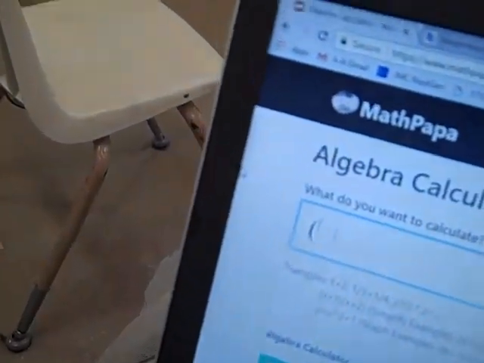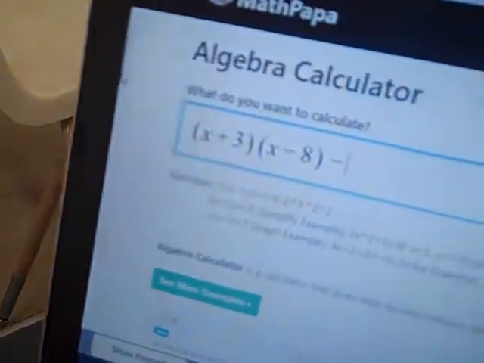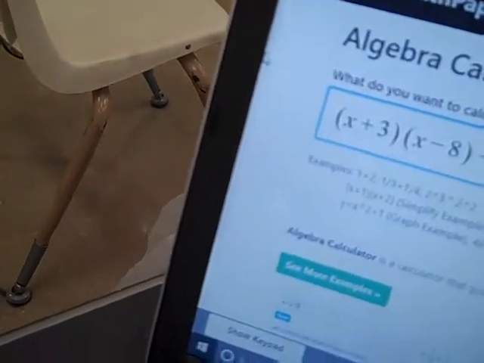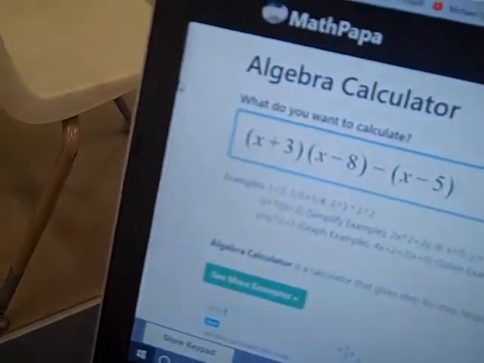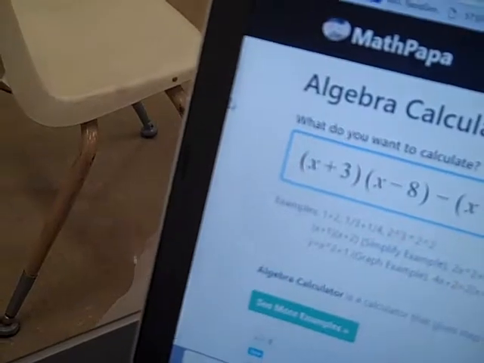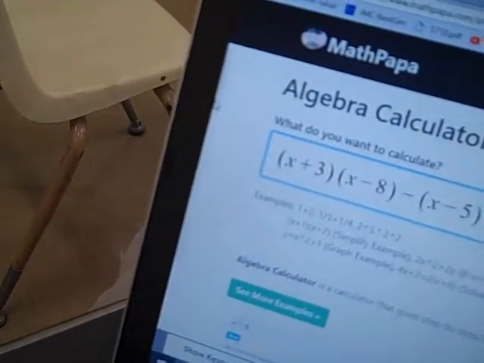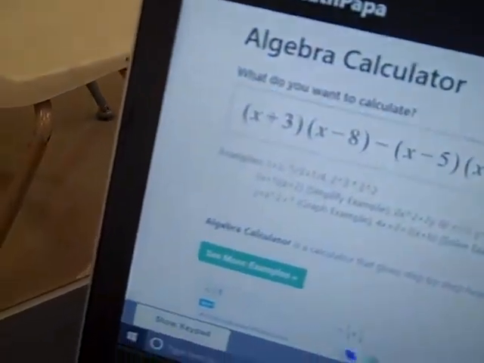So I'm going to be taking my algebra calculator on Math Papa and taking x plus 3 times x minus 8, and then I hit minus, and x minus 5 and x plus 2. Calculate it. Negative 2x minus 14.